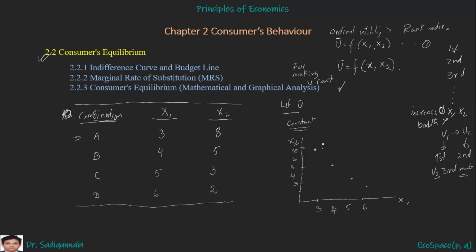So this point is A, this point is B, this point is C, and this point is D. So if you connect these, we get a convex curve.